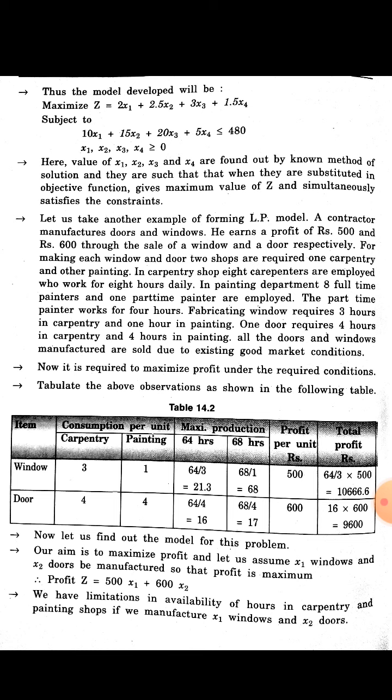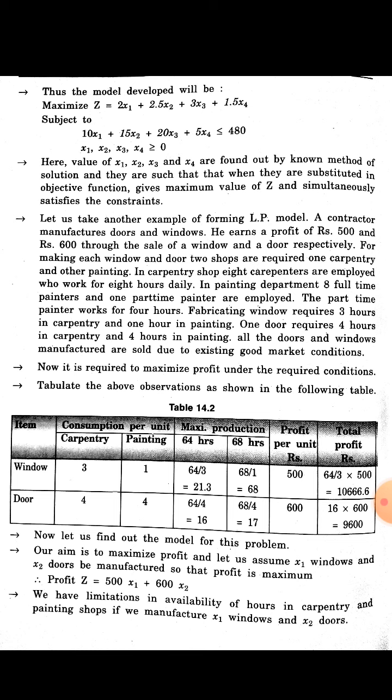Our aim is to maximize the profit, so let us assume x1 for a window and x2 for a door. So profit Z is equal to 500 x1 plus 600 x2. Now we have a limitation in the availability of hours for carpentry and painting.